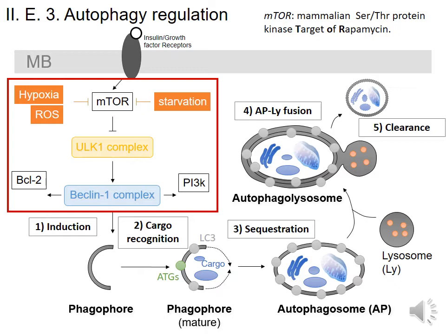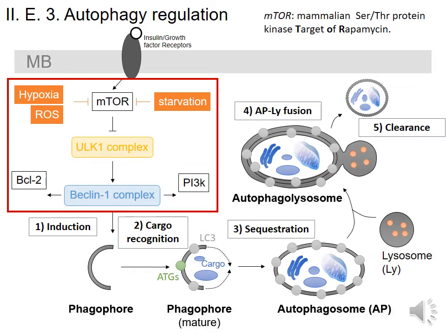General autophagic flux is upregulated by nutrient-responsive signals through receptors that respond to different nutrient stimuli like insulin, growth factors, amino acids, or even glucose. And this is just a summary of the several regulatory pathways that can occur. I just put here a general idea of how global autophagy is regulated.